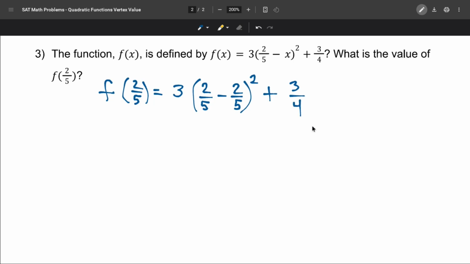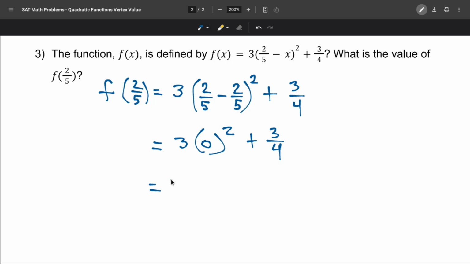All right, 2/5 minus 2/5 is 0. So it's 3 times 0 squared plus 3/4. Probably seeing, okay, the answer is going to be 3/4.